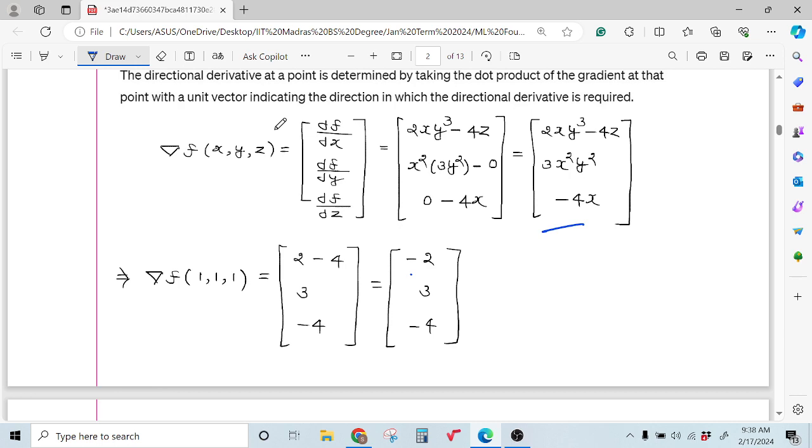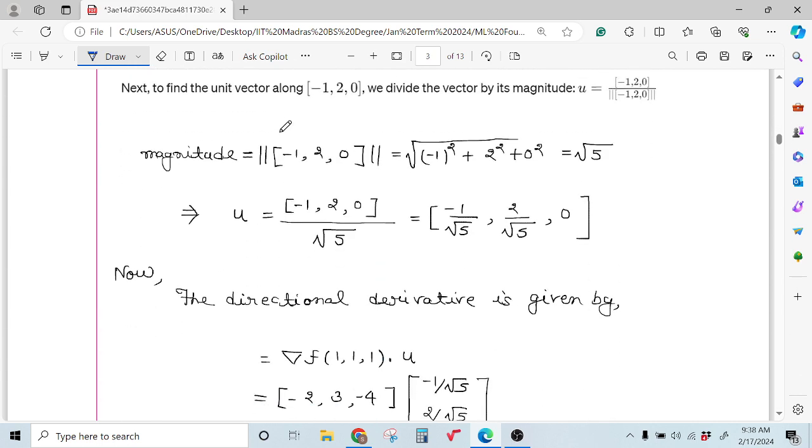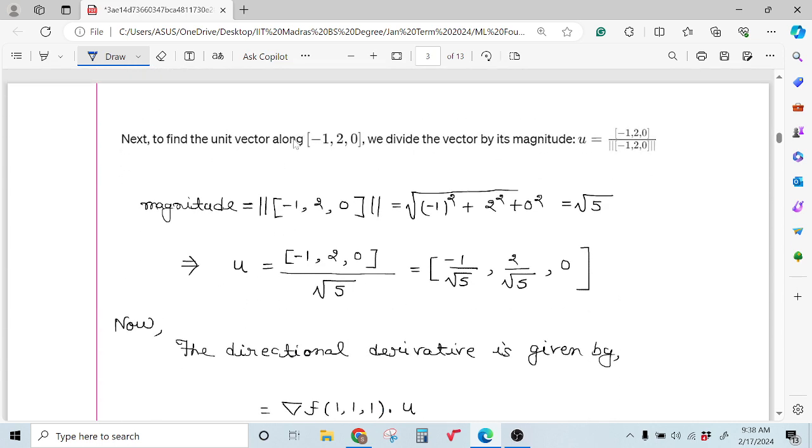The unit vector is calculated by dividing the vector by its magnitude, and we have found the magnitude as root 5. Then we will find the unit vector along this direction.